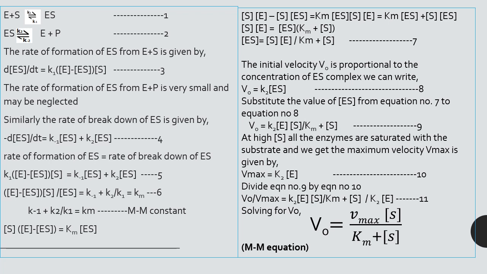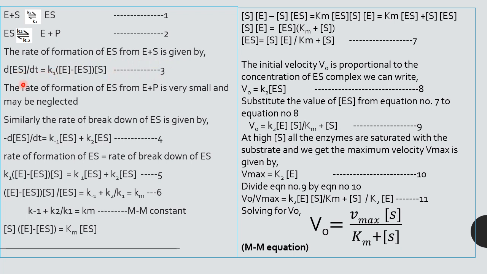To define a general expression for V0, the initial velocity of an enzyme catalyzed reaction, we assume that the enzyme catalyzed reaction takes place in two steps as shown in reaction 1 and reaction 2. Now, the rate of formation of enzyme substrate complex from E plus S is given by the following equation, equation number 3.